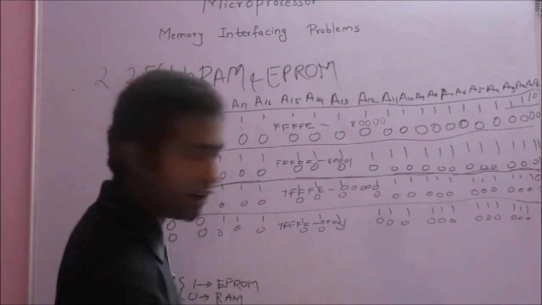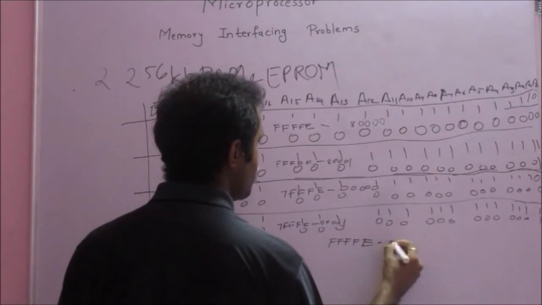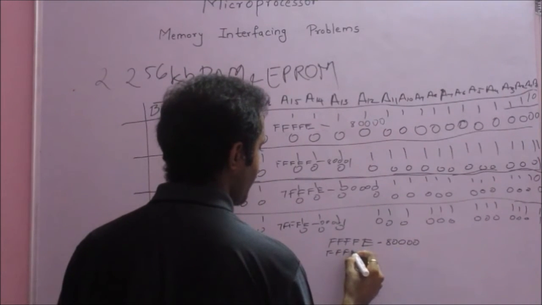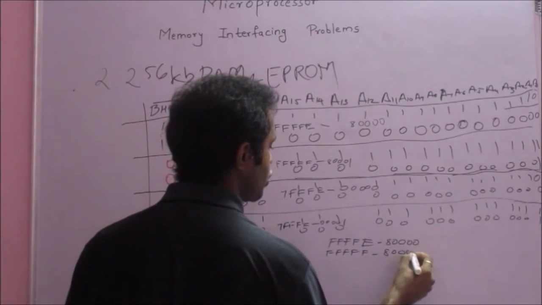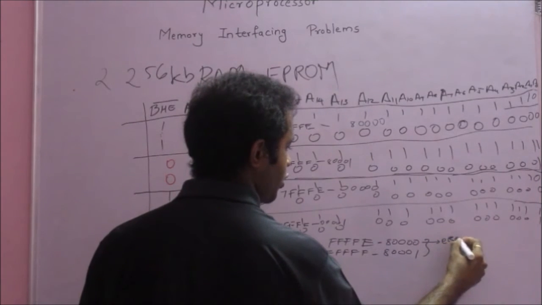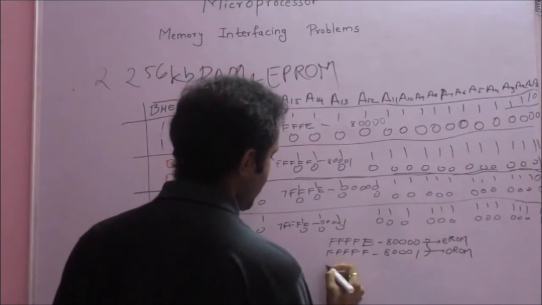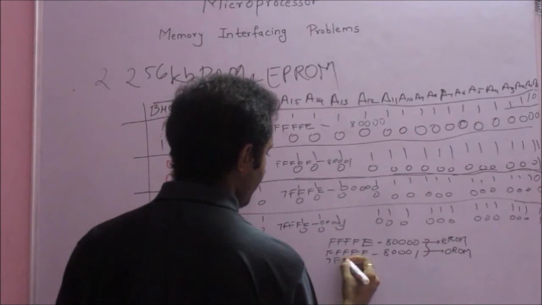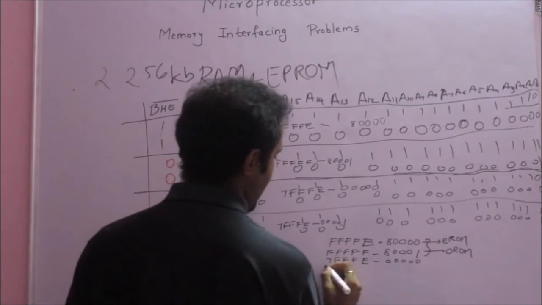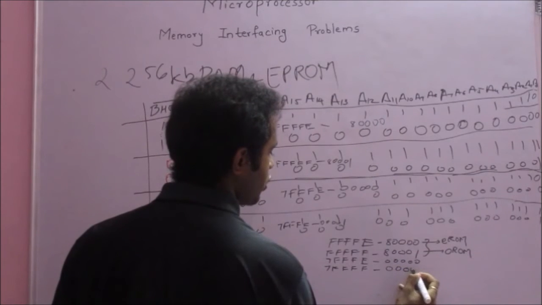So again I will list down all the 4 addresses here. It's FE80000, FF80001. This is for even EPROM, and this is for odd EPROM. Then 7E00000 and 7F00001.